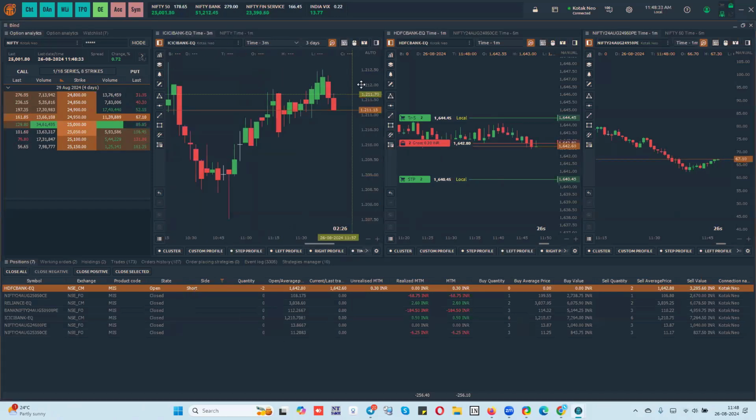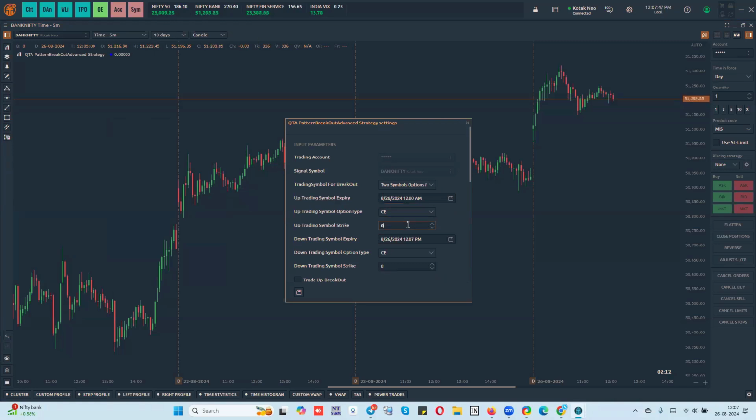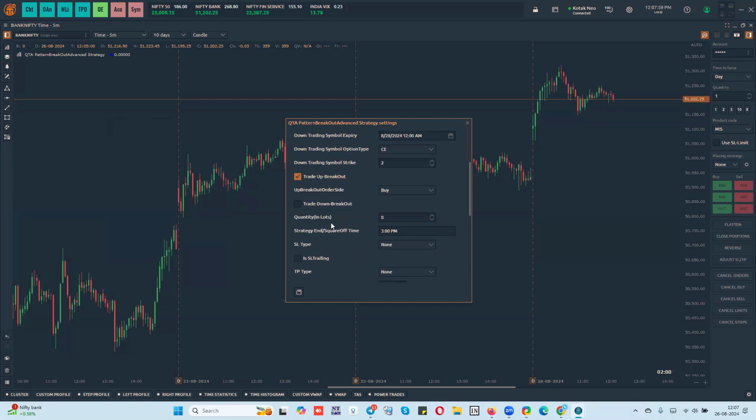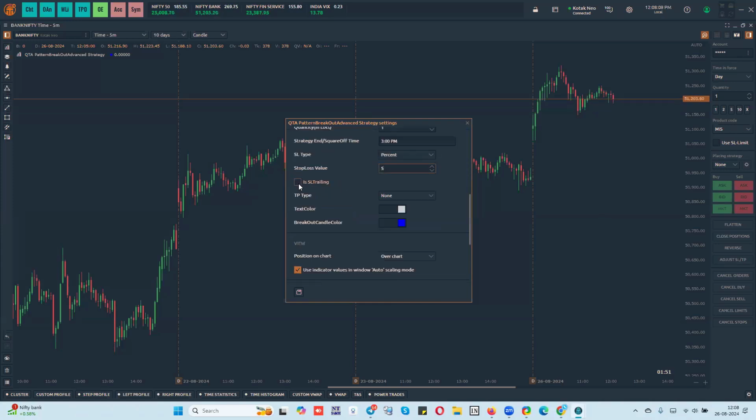Let's look at doing some trade in another symbol with the two side mode, with the option mode. Let's select the parameters for the strategy with the two symbol options mode. I'm selecting the expiry date, the call option, number of strikes. Here I'm selecting three strikes out of the money. Again, I'm selecting the expiry date for the down breakout, the option type.